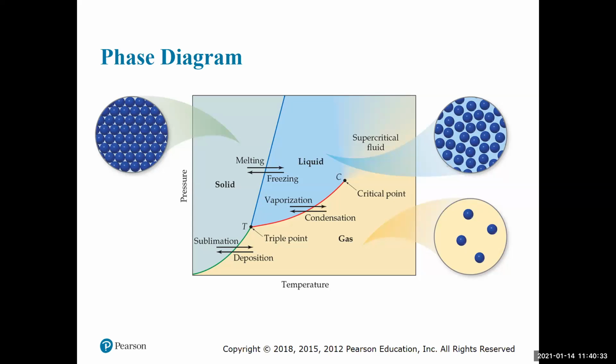And then the arrows back and forth show, like in this green line here, the possibility of an interface of solid and gas. This red one with the arrows, we have an interface between liquid and gas. The blue up here, we see an interface between solid and liquid. So that's the general idea of this.